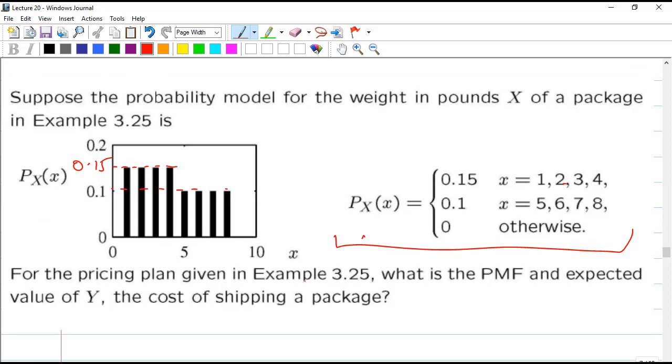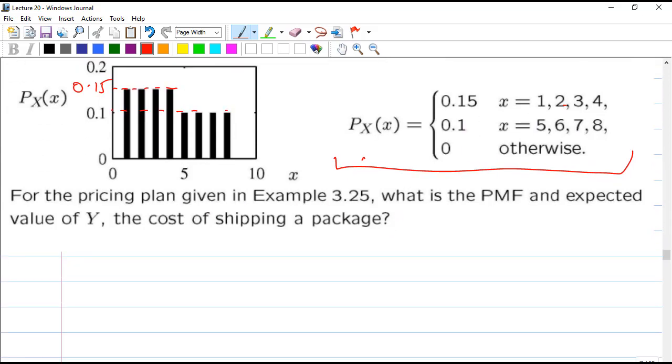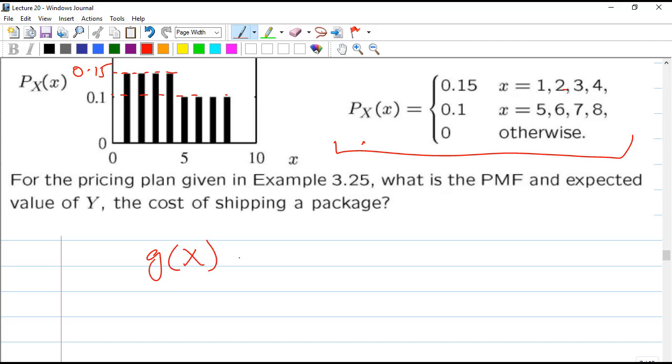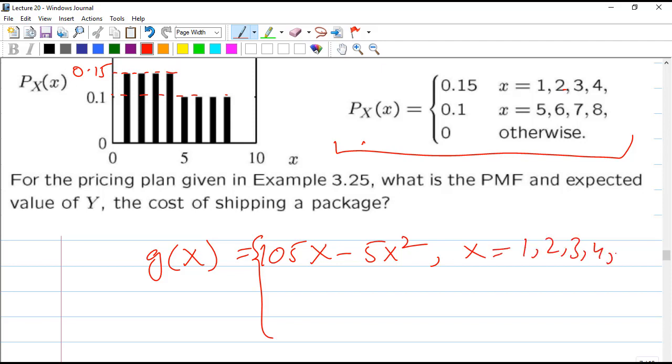For the pricing plan given in example 3.25, gx of x was 105x minus 5x square for x equal to 1, 2, 3, 4, 5, and 500 for x equal to 6, 7, 8, 9, 10, which we call y.